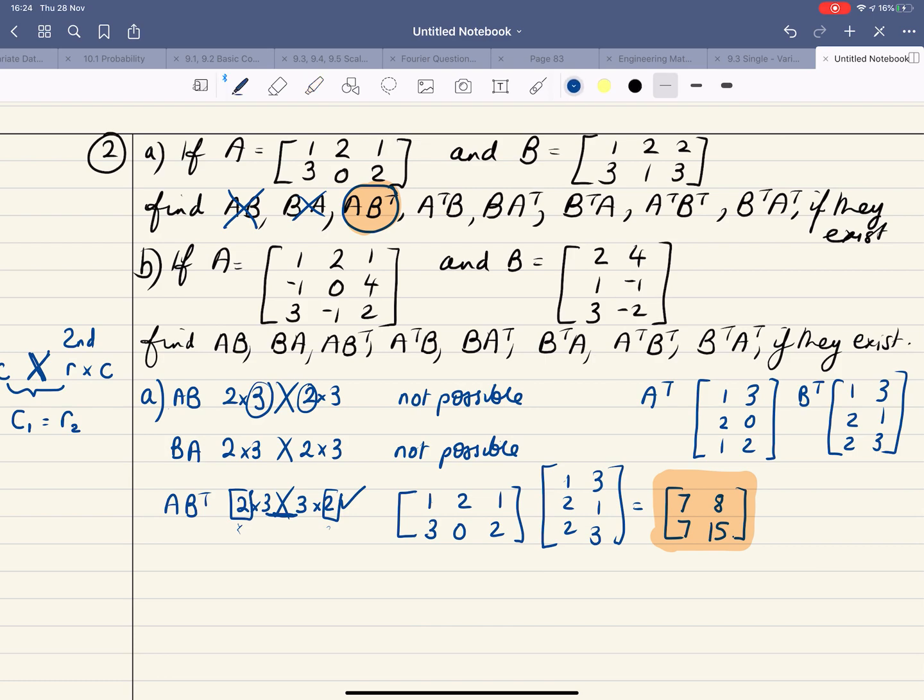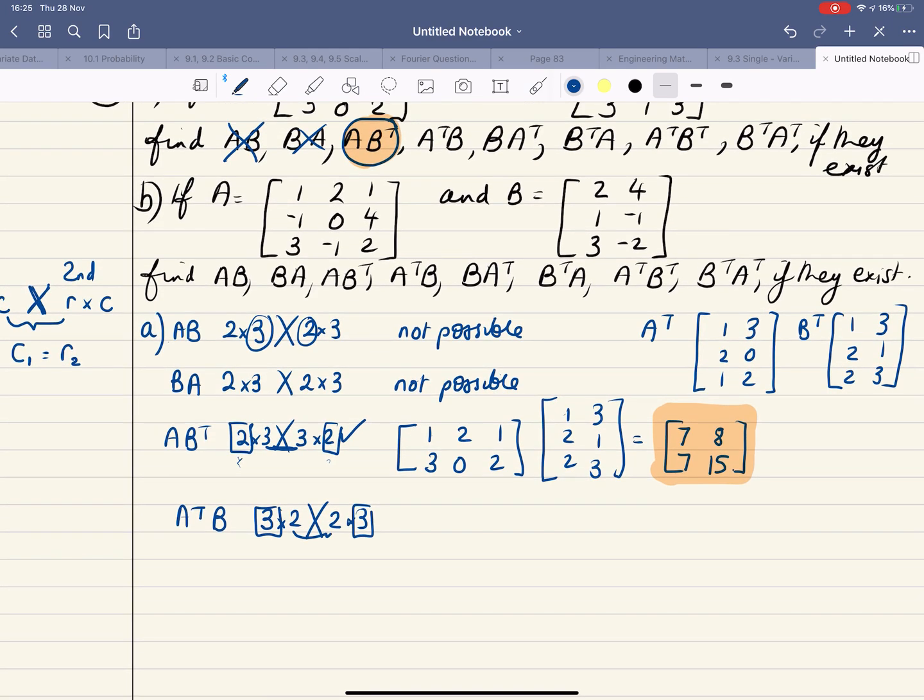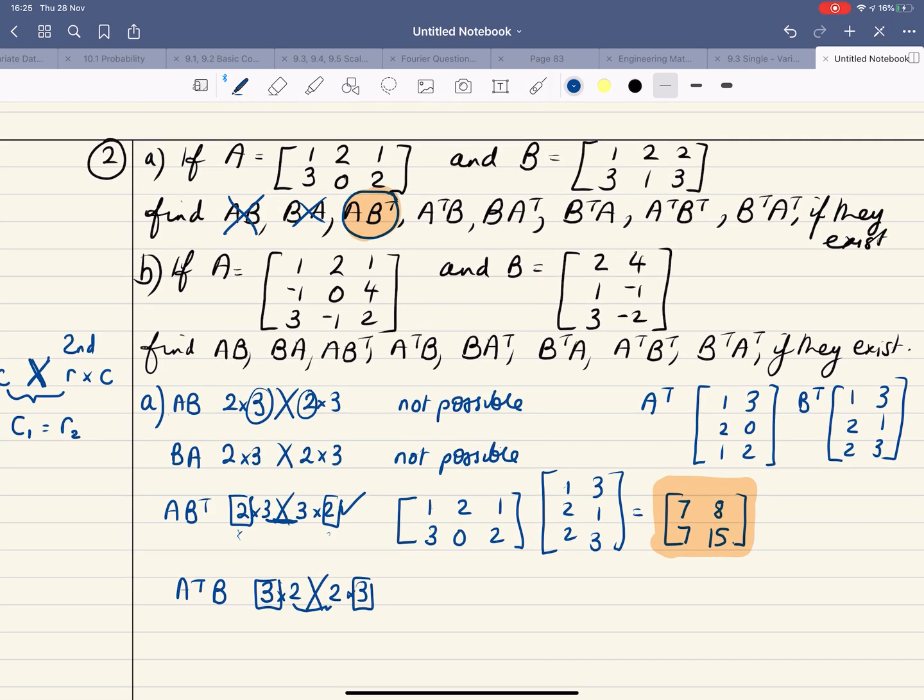Right, the next one is A transpose times B. Well, A transpose is 3 rows, 2 columns, and B is 2 rows, 3 columns. So yes, we can do it because they're the same. And the answer is going to be 3 by 3. Aren't we lucky? Do all that multiplying and adding.